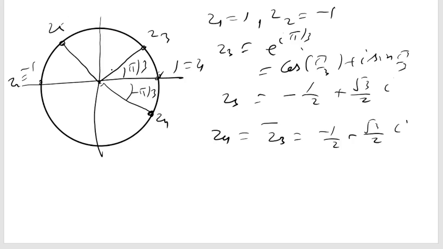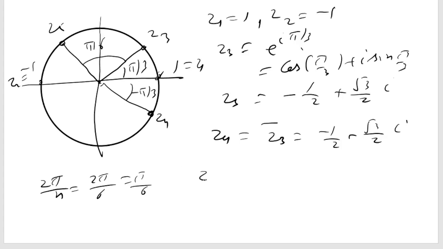This is pi by 3, and we know the difference of argument between two roots is 2 pi by n. So clearly here it is 2 pi by 6, that is pi by 3.